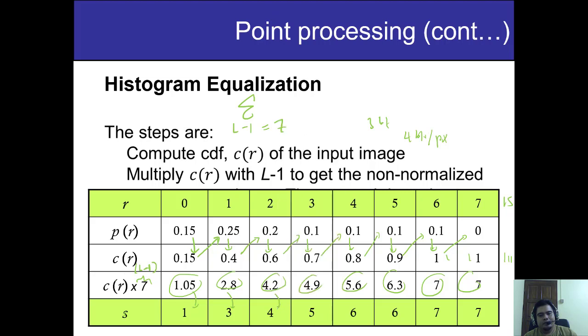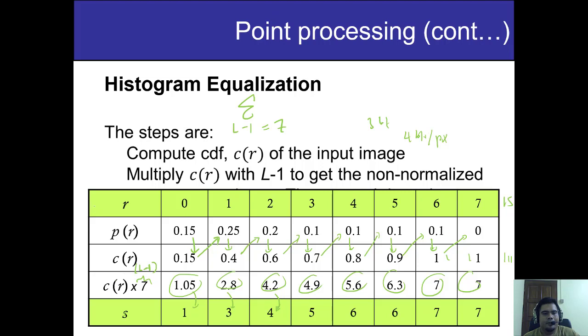This is a must, because you are dealing with a digital image, and you have colors of 0, 1, 2 up to 7, but you don't have any color that belongs to 2.8 or 4.2. So you must round to the nearest integers.